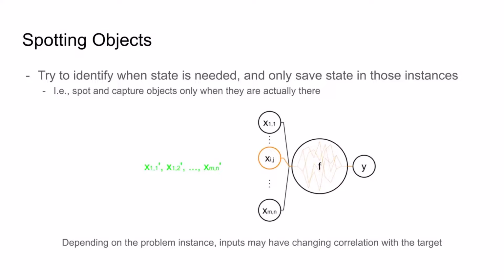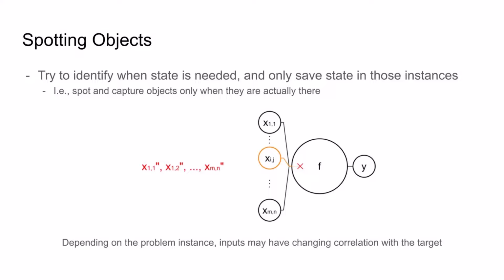Specifically, for an input in a relation, it might have changing correlation with the final output, which we can capture with the nonlinearities in our neural network. For certain problem instances, an input may be strongly correlated with the final output, while for other problem instances, the input may not be correlated at all.